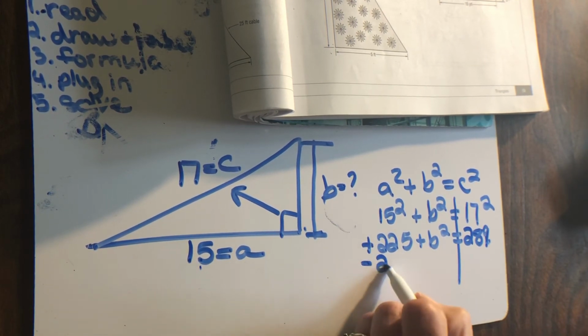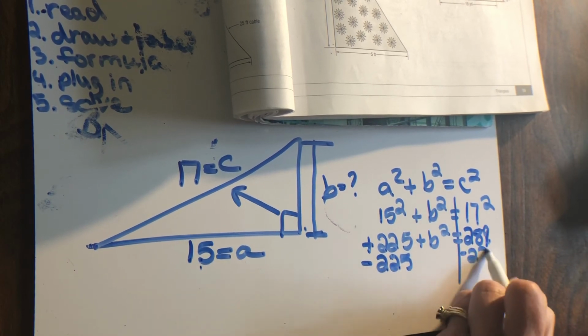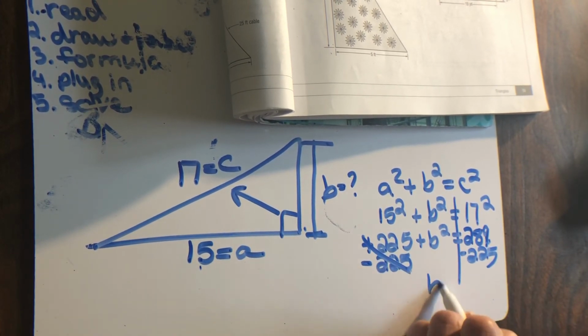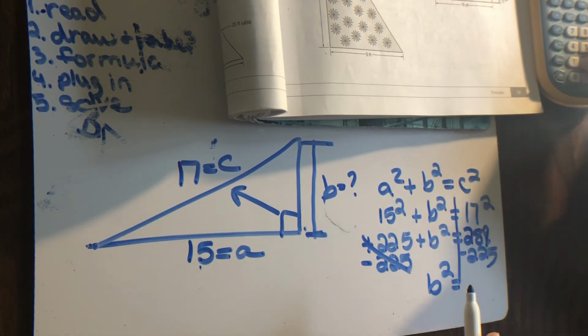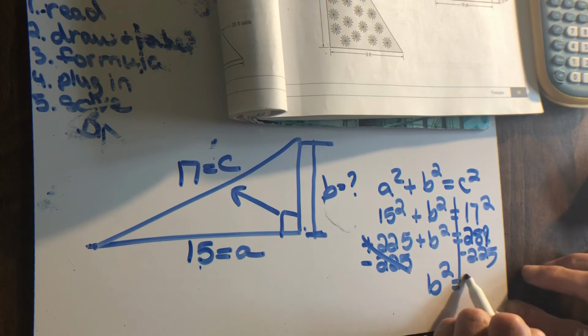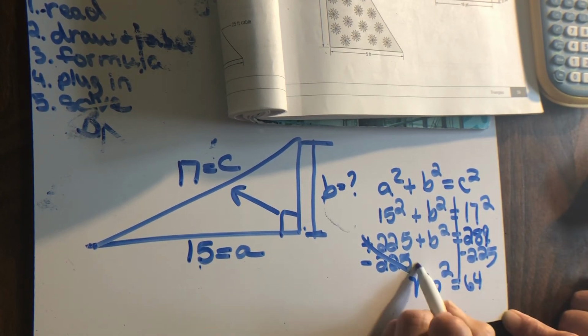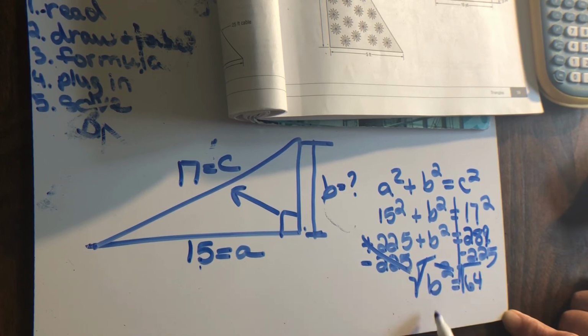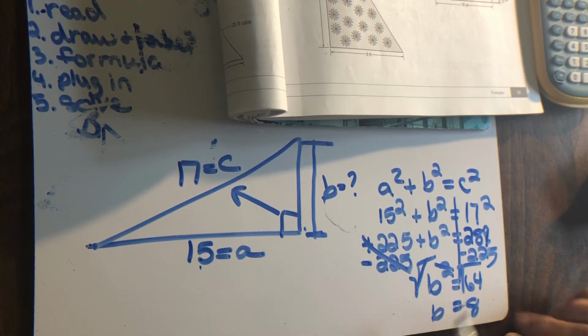So you do the opposite of adding 225, which is subtracting 225. Come back and cancel, B squared. So 289 minus 225 is 64. Take the square root of your variable. Cancel that off. And that B is 8.